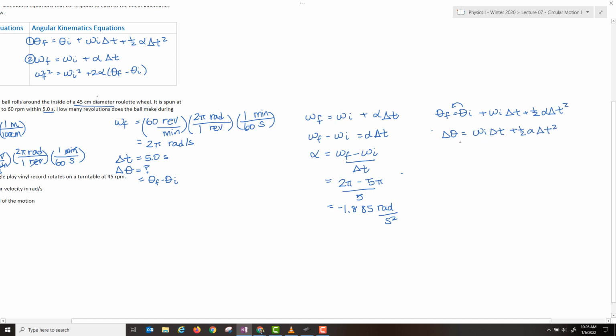All right, so my delta theta is what I'm looking for. My omega initial, we said, was 5 pi. My delta t is 5 seconds, plus 1/2 alpha, which is negative 1.885, delta t squared. This is an alpha here.